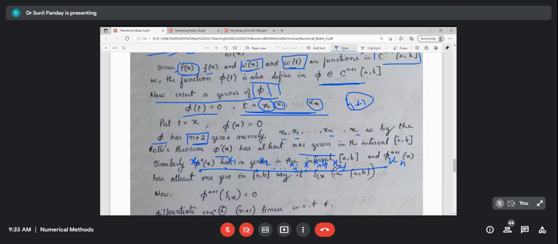Suppose these are the n plus 2 points that lie on the line.